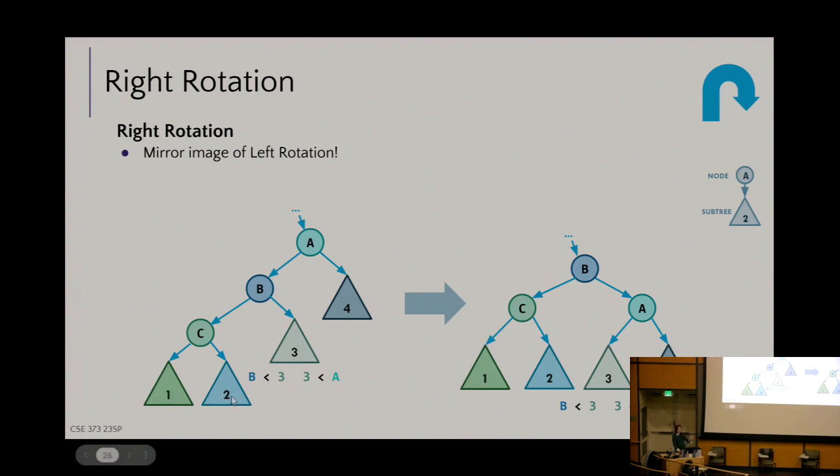Whatever is to the right of C, that's subtree 2. But whatever happens to be in subtree number 3 here, I know it has to be greater than B but less than A because of the place it's in, which means the other valid place it could be is to the left of A.